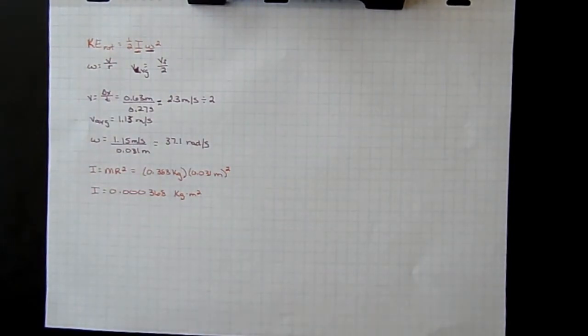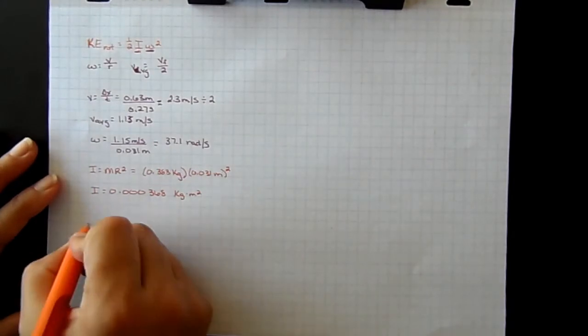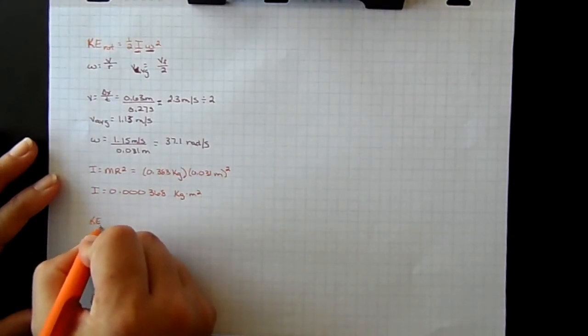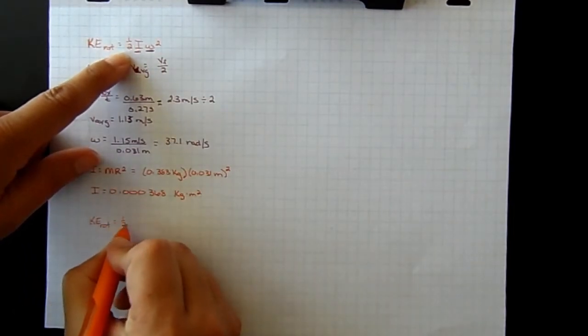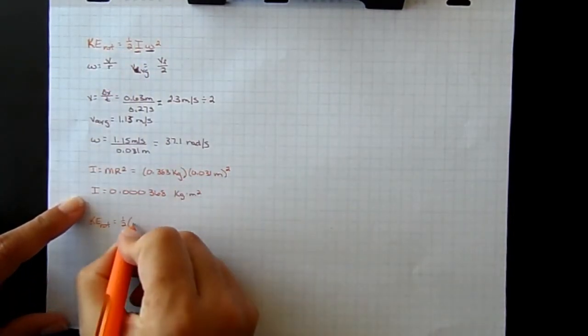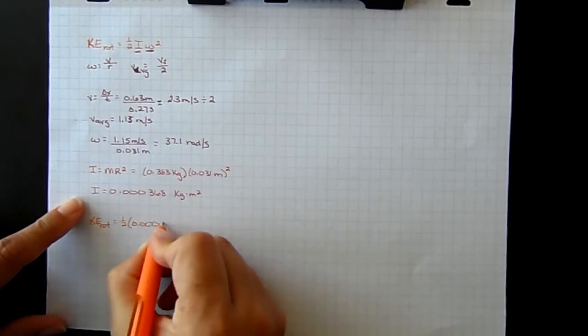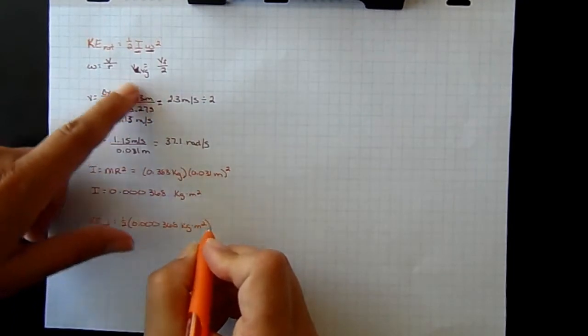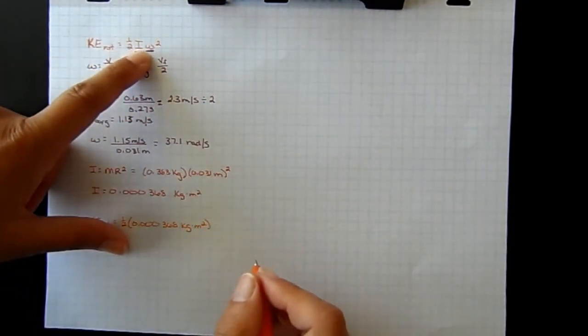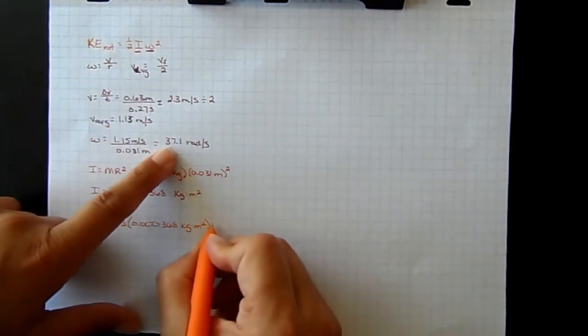So now we can go back and find our rotational kinetic energy. So we have 1/2 times our moment of inertia times our angular velocity squared.